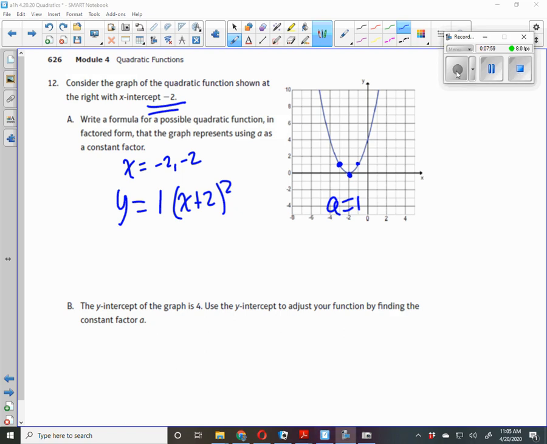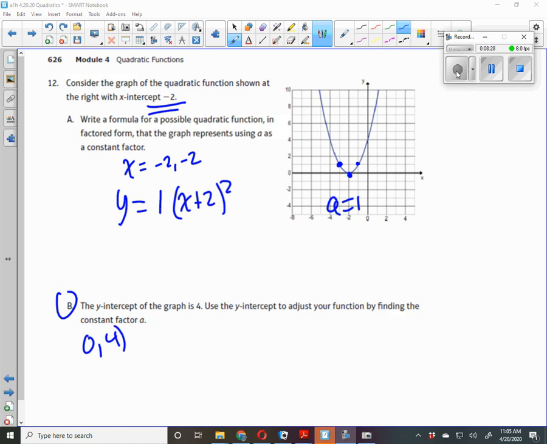So for part B, they threw in this because they don't anticipate me showing you the slope of that first point. So if you get lost and you know that you have a point at 0 comma, the y-intercept, what was the y-intercept?